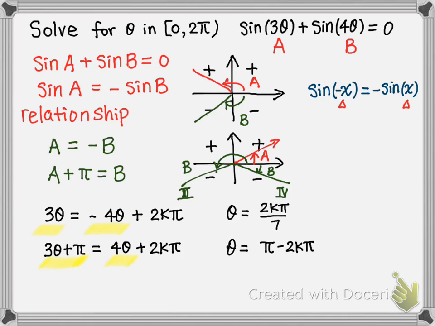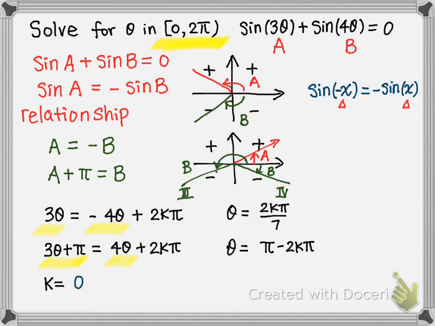So now how do we find the theta that is within 0 to 2 pi? Well, we plug in values for k. When k equals 0, what do we get for theta?